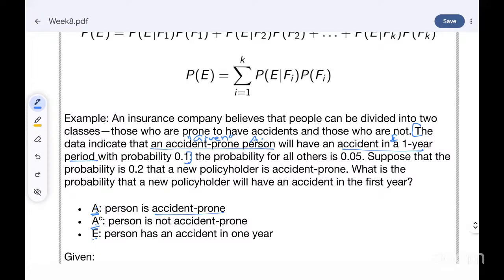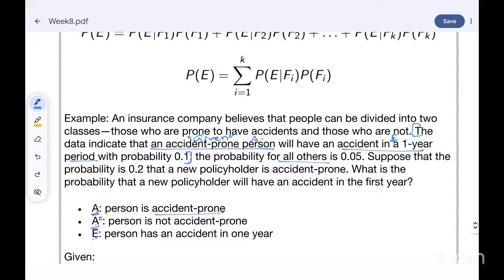The next line, the probability for all others is 0.05. So what does that mean? For A, it is 0.1. For all others, it is 0.05. What does that mean? A complement. Exactly. Probability of E given A complement is 0.05.